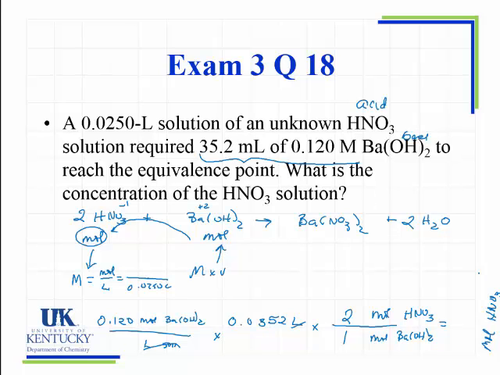Let me plug it into my calculator. 0.12 times 0.0352 times 2 is the moles of HNO3: 0.00845. That's how many moles of HNO3 I have.